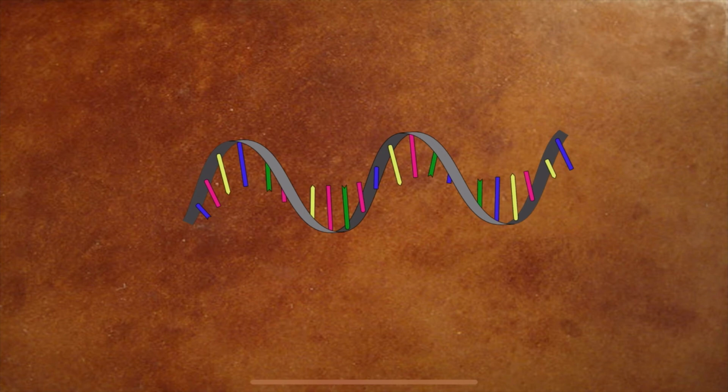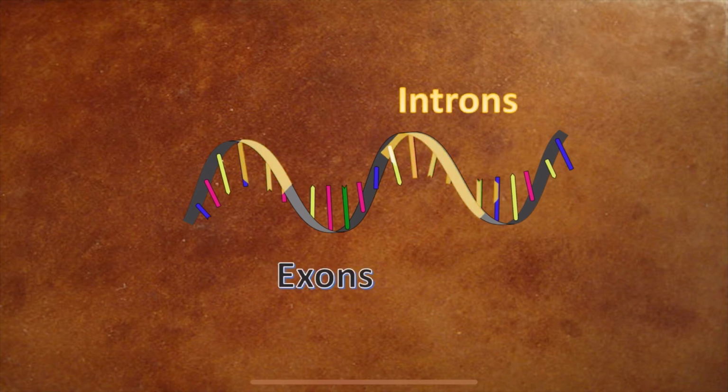Here, after releasing, this RNA contains not only the coding sequence, but also non-coding sequence. The coding sequences are called exons, and the non-coding, which do not code for any protein, are called introns.